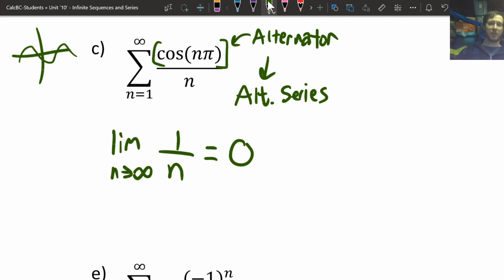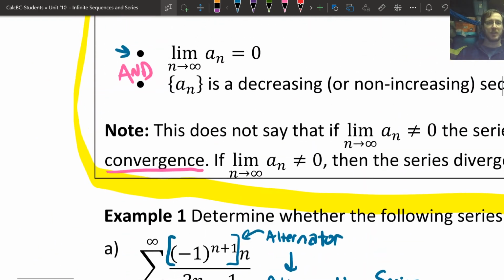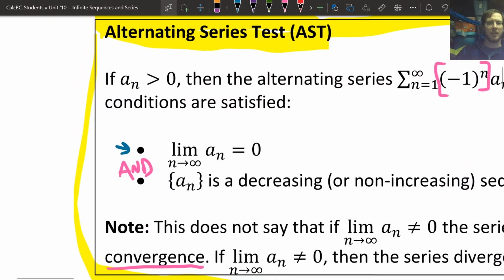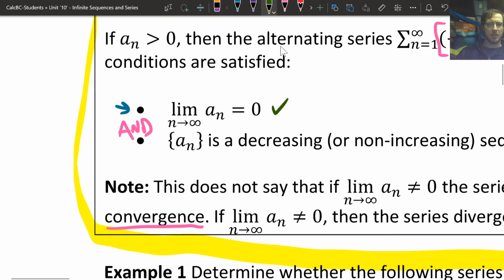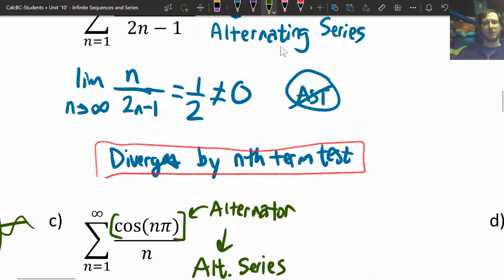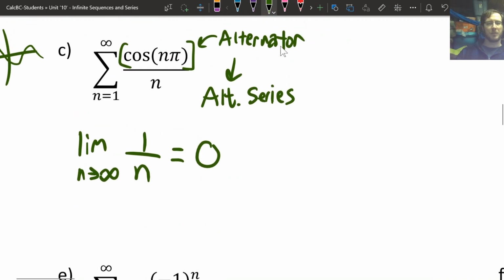Boom, that's what we were looking for. Those values are going to continue to decrease over time. So first piece, let's go back up to our AST. First piece, check. It is decreasing over time. So we have part C. We have convergence by the AST.